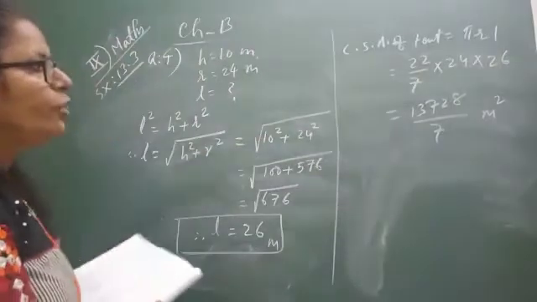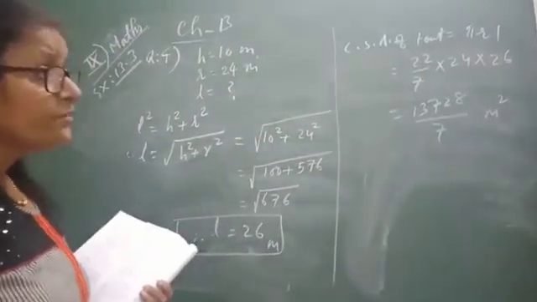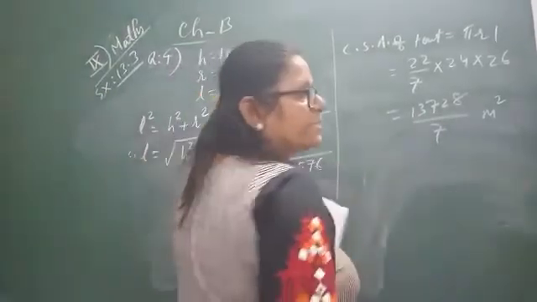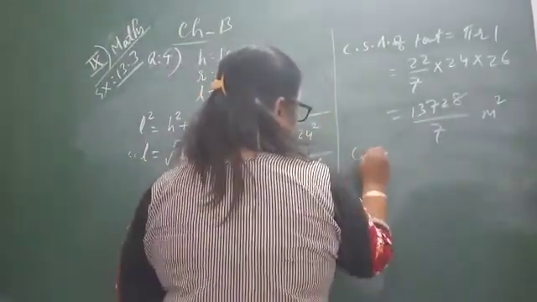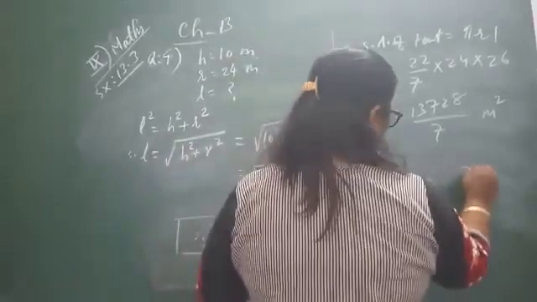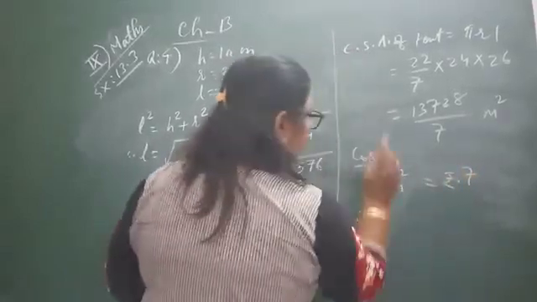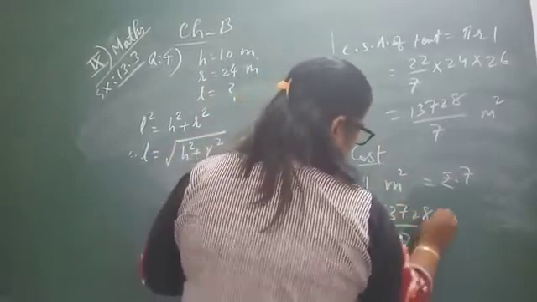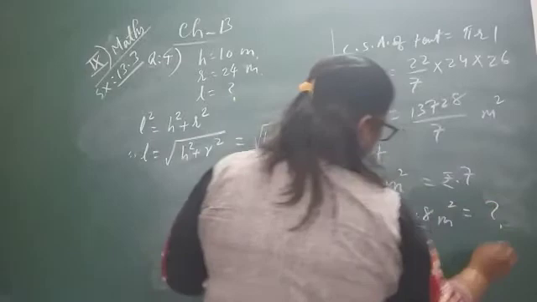That is the surface area of the tent. Now the cost is given as 70 rupees, so we take it as it is, 7 will be cancelled. So the cost of 1 meter square is equal to 70 rupees. Therefore, 13728 upon 7 meter square will cost how much?